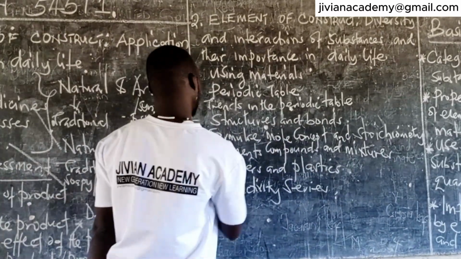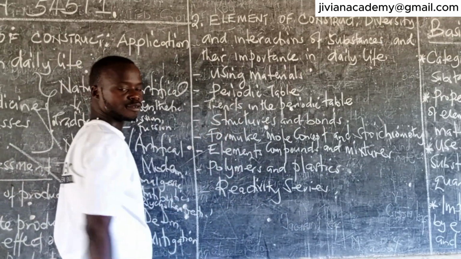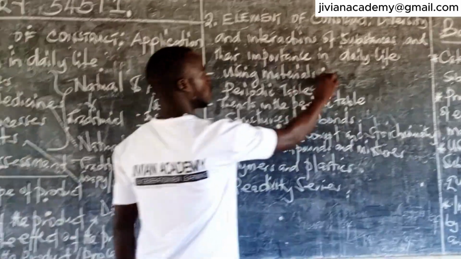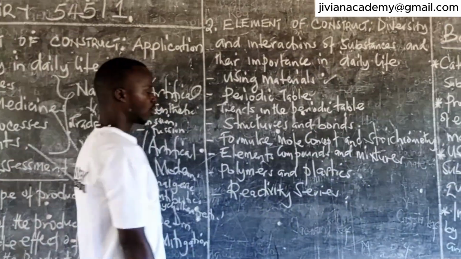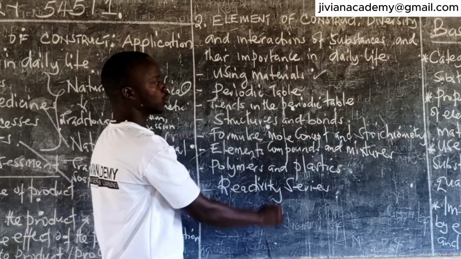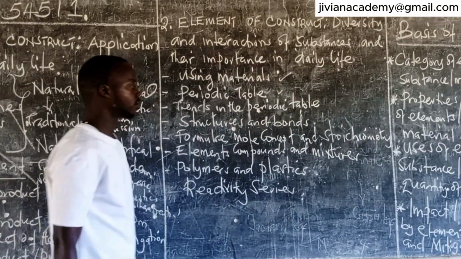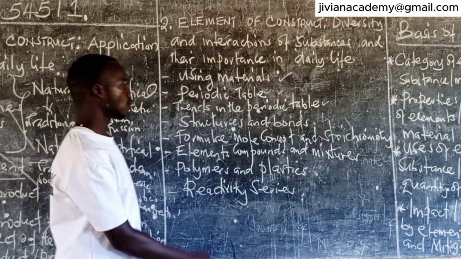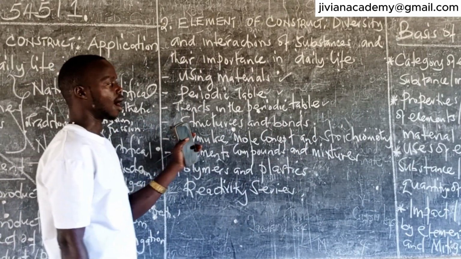Number one, we have using material. This is senior one. We have, of course, the periodic table, senior 2-1. We have trends in the periodic table. We have structures and bonds.